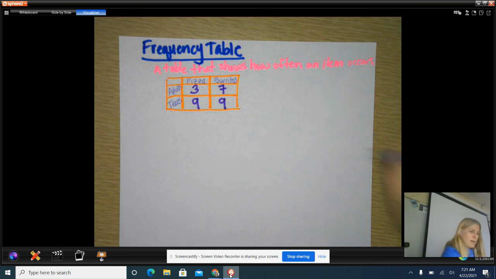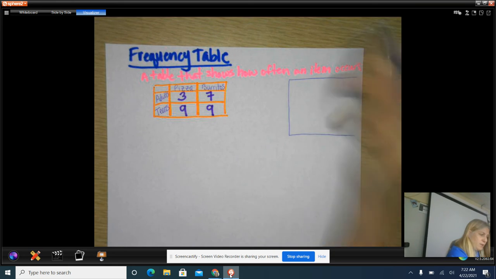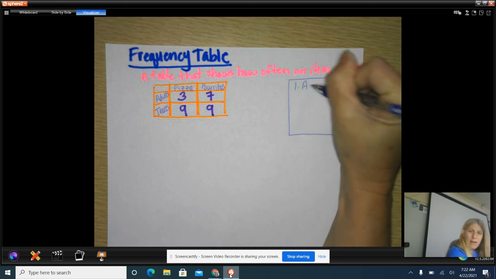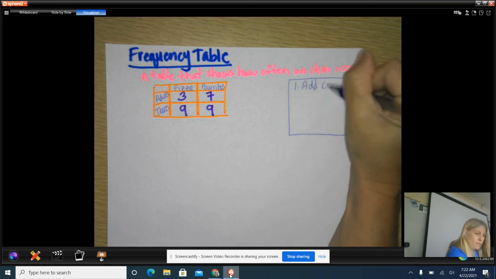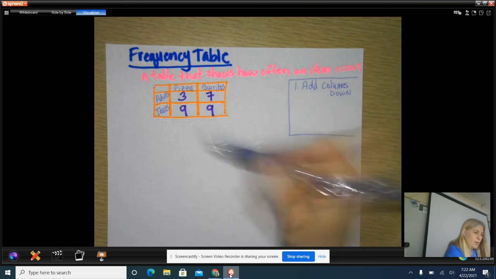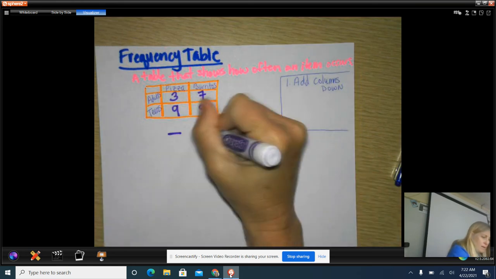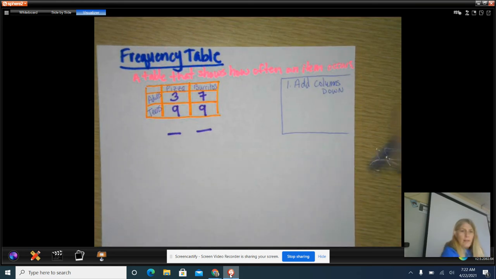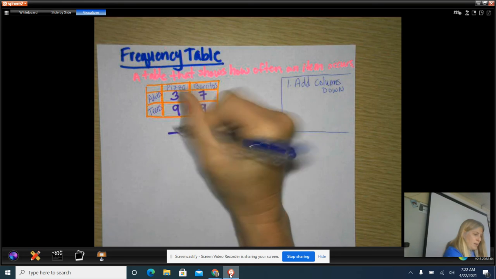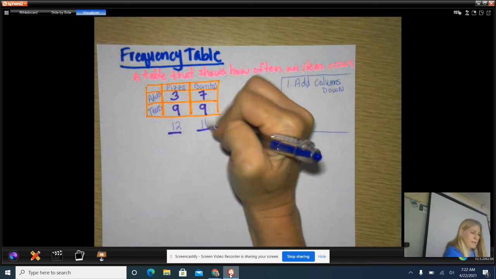So in order to analyze this information, the first step is to add our columns down. So we're going to add this way. And we know that 9 plus 3 is 12, and we know 9 plus 7 is 16.